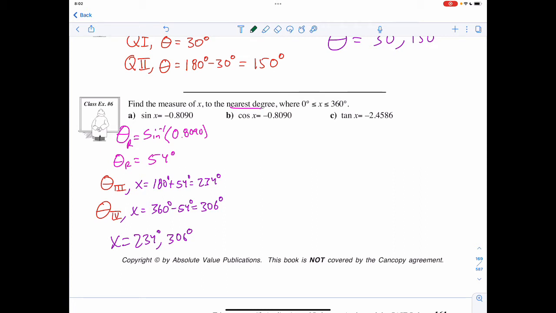Do the same thing where it's taking it from cos. My reference angle is going to be cos to the negative 1 of 0.8090. My reference angle in this case is going to be 36 degrees. Where is cos negative? In quadrant 2 and in quadrant 3.